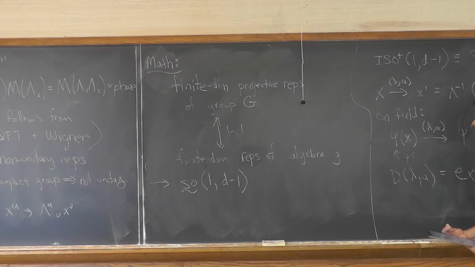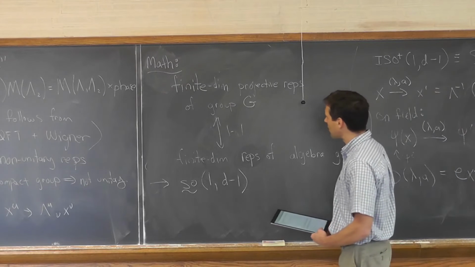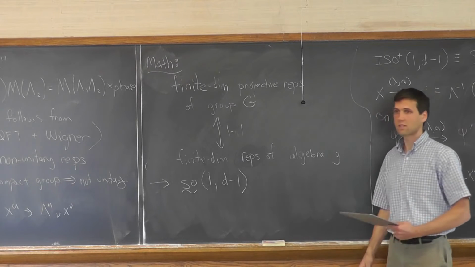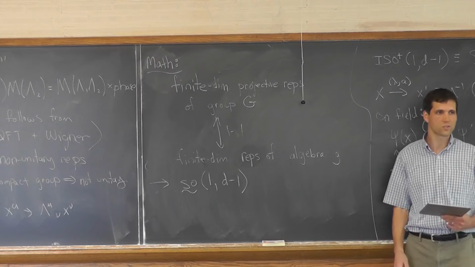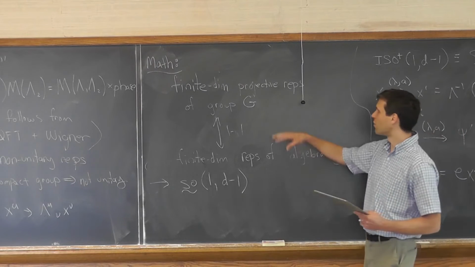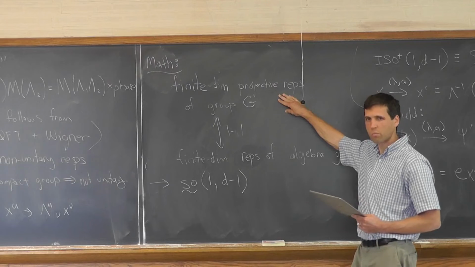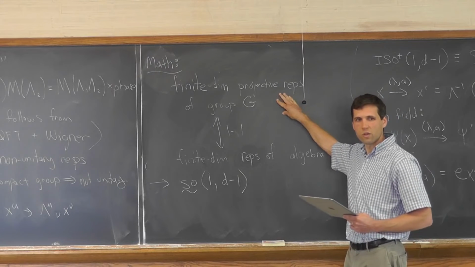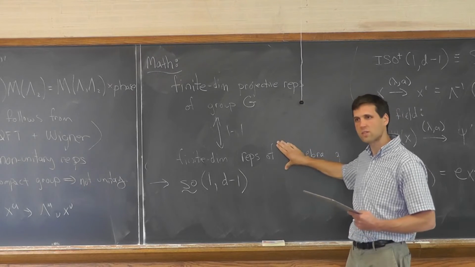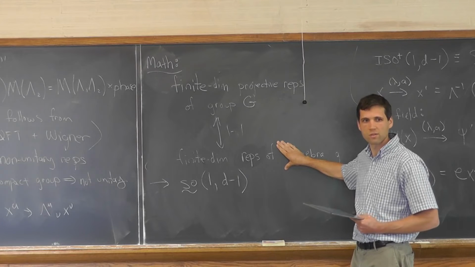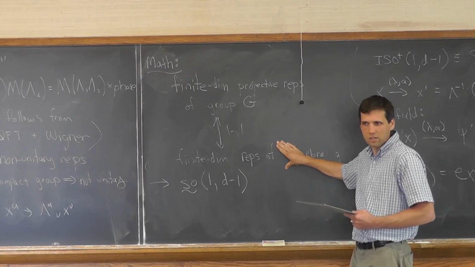So why is this the case? Well, I'm not going to prove it, but it kind of makes sense. So let's go both directions. If you have a representation of the group, then you can look at the infinitesimal transformations, and that gives you representations of the algebra. So that way is easy.